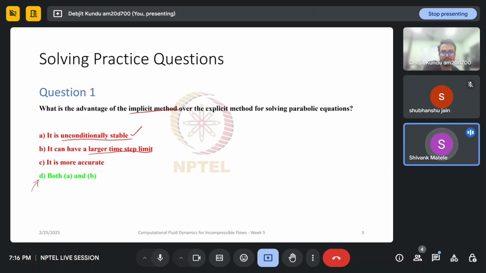Yes, taking a larger step size will increase the truncation error. It will increase, but you can still do it. You will still get convergent solutions. The only limitation of this method is that if we take too large a time step, then the truncation error increases compared to explicit methods.